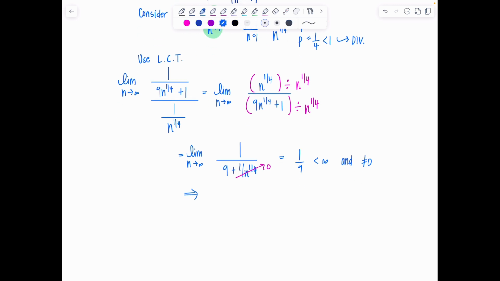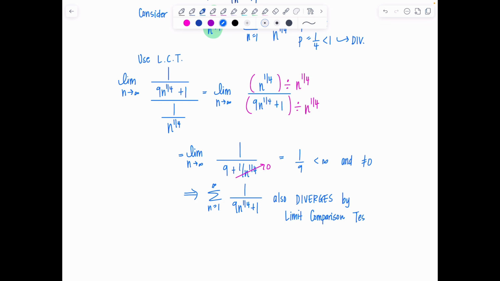So the sum, n equals 1 to infinity, with no alternating part because we're looking for absolute convergence right now, the OG without the alternating part also diverges by the limit comparison test.